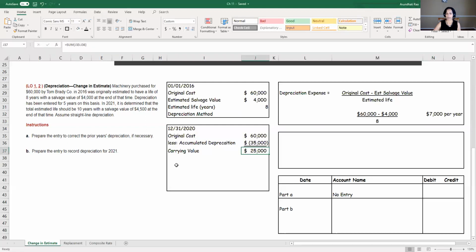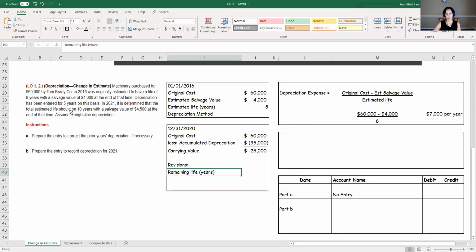So now how do I calculate my depreciation? I need to first look at what revisions I've made. So I'm writing down that information over here. The first piece of revision is the life of the asset. Now I don't want the total life I'm revising it to from 8 to 10. What I want is the revised remaining life of the asset.